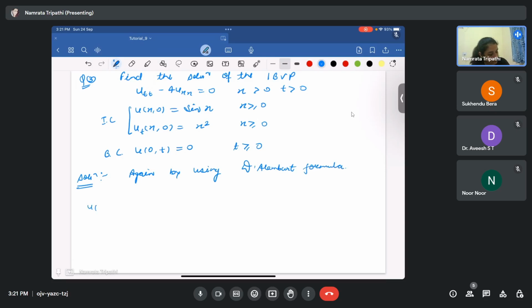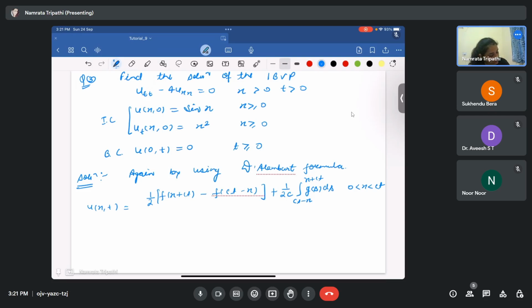What will be the solution? One by two [f of x plus ct minus f of ct minus x] plus 1 by 2c integral from ct minus x to ct plus x of g of s ds, when x is from 0 to ct.